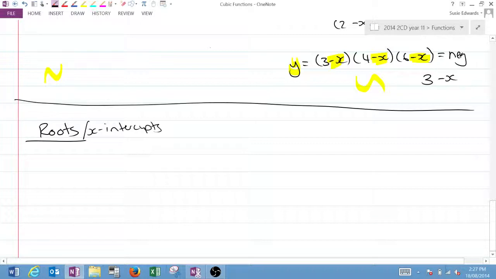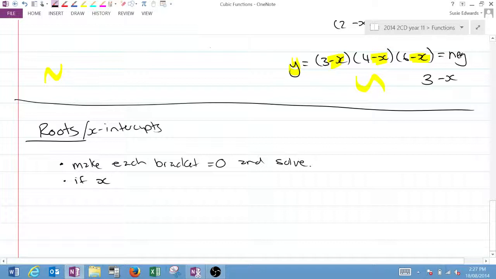Yeah, okay, so we use null factor law. We make y equals 0 and then we make each bracket equal 0 and solve. Now I'll do an example of this afterwards. We'll just write the notes all together and then we'll do examples, okay?